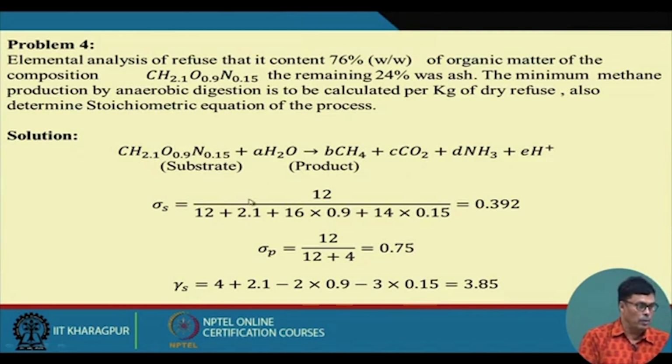Again I mention that whenever we have to do any kind of stoichiometric analysis, first we have to know the process. Now, how does anaerobic digestion produce methane and carbon dioxide?